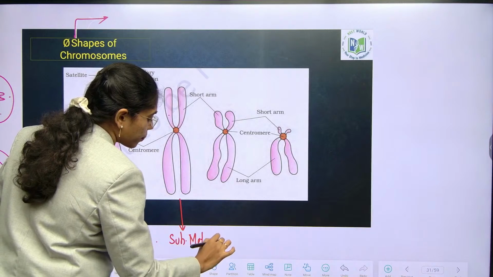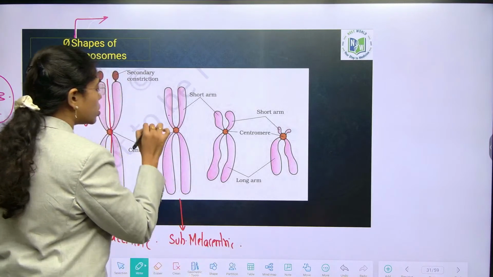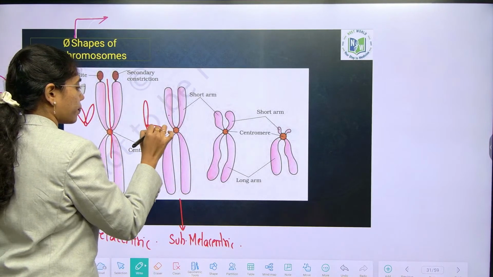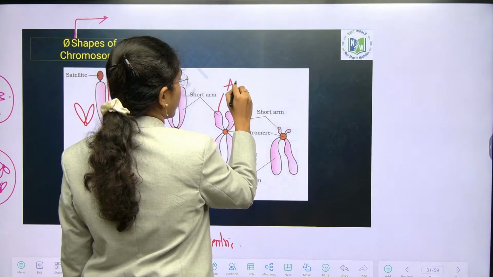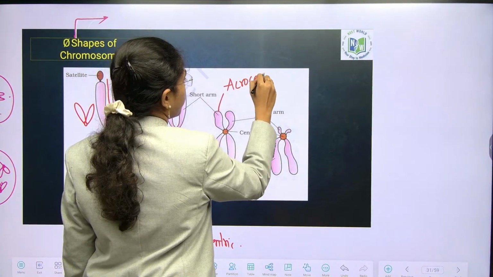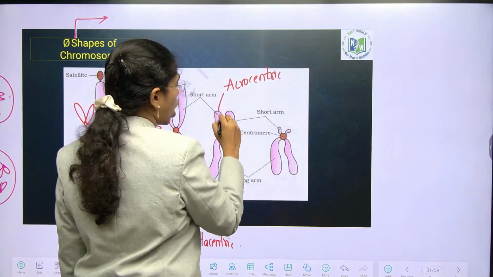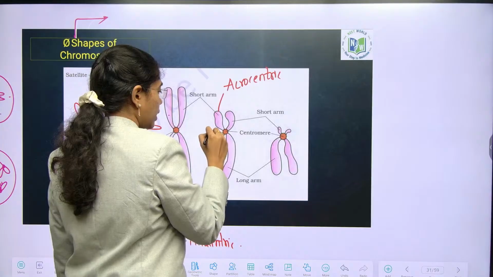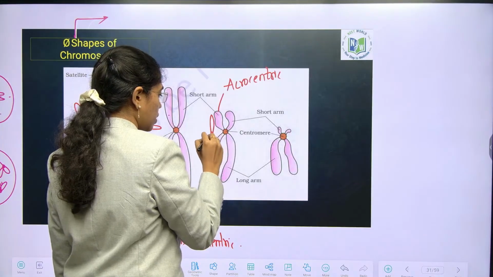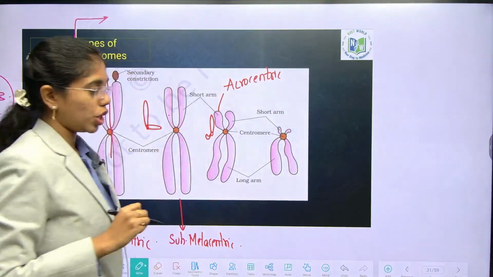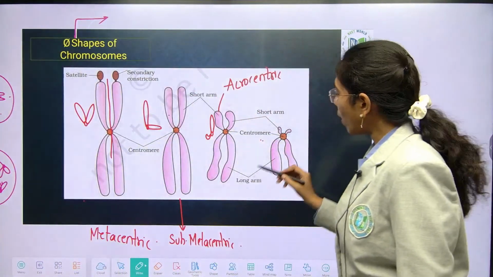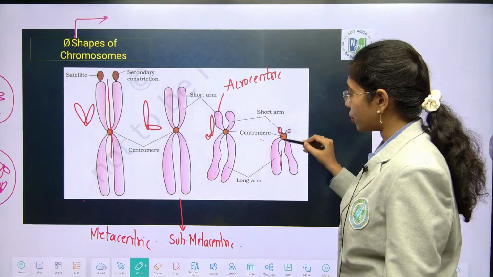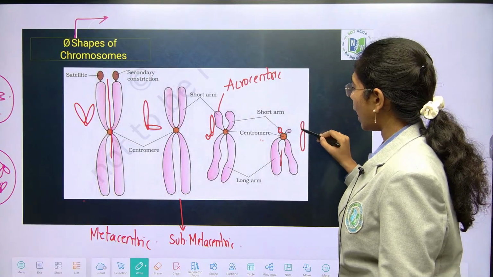Next, one long arm and one short arm is submetacentric, which is of L shape. This is acrocentric, with one very short arm and one very long arm, moving in a J shape. Then telocentric has one extremely short and one extremely long arm, which is I shape.